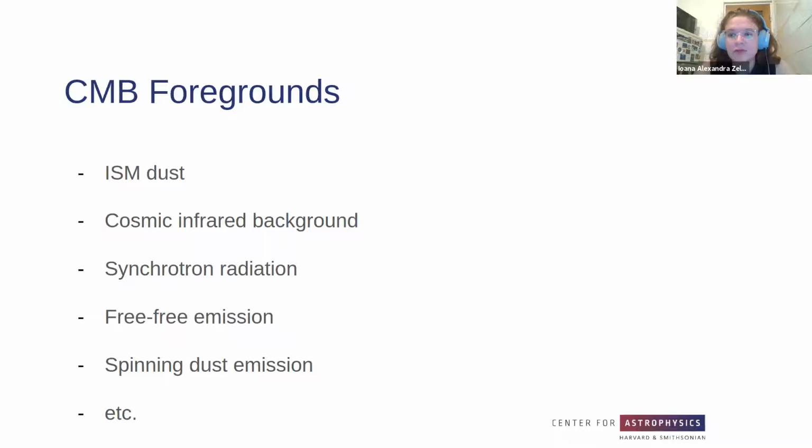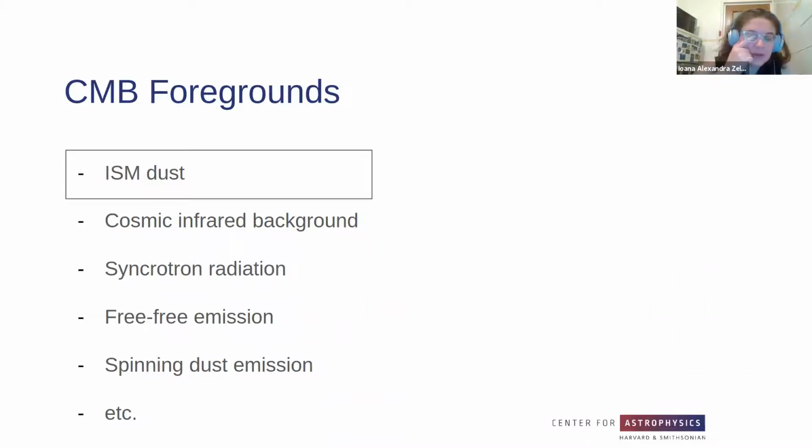And then we have the synchrotron radiation given by highly relativistic particles getting bent in the magnetic field of our galaxy. So this produces synchrotron radiation, as well as free-free emission, which is also free electrons changing the energy of photons. And we have spinning dust emission as well as other processes.